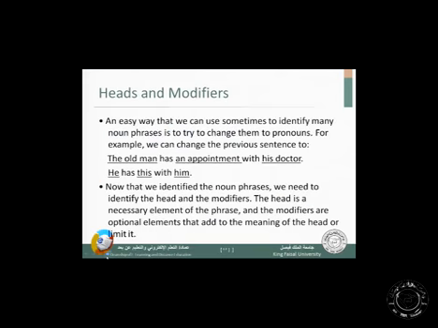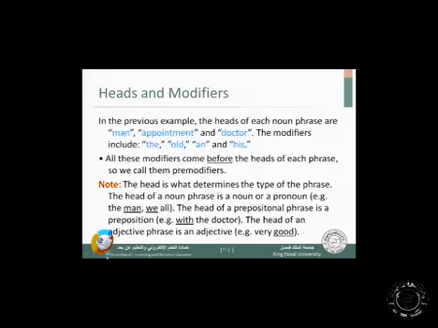If we go back, in the old man, the and old came before man, before the head. In an appointment, an came before the head. His came before doctor, before the head. So all of those are called pre-modifiers. When they come before the head, we call them pre-modifiers.